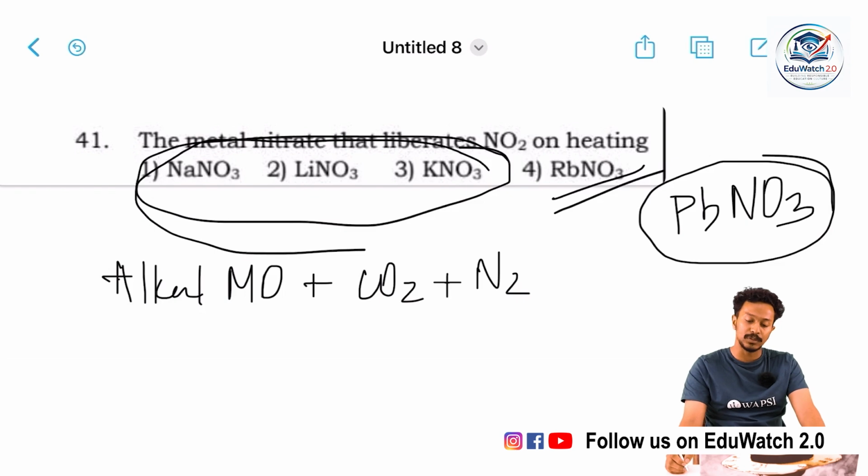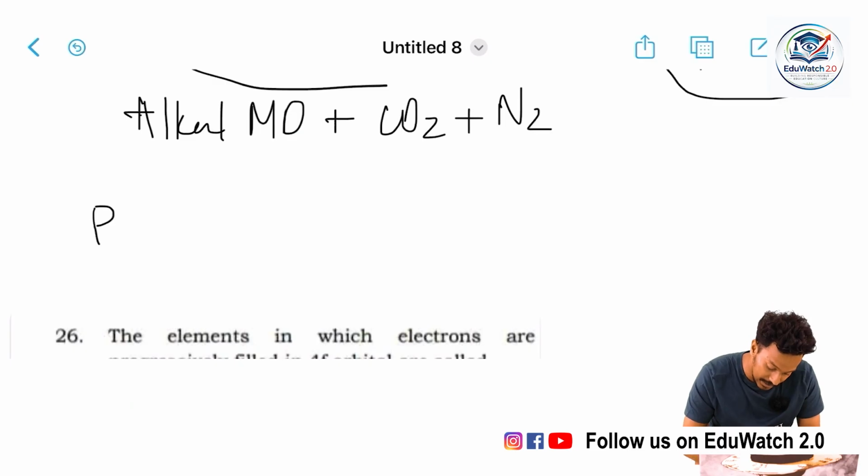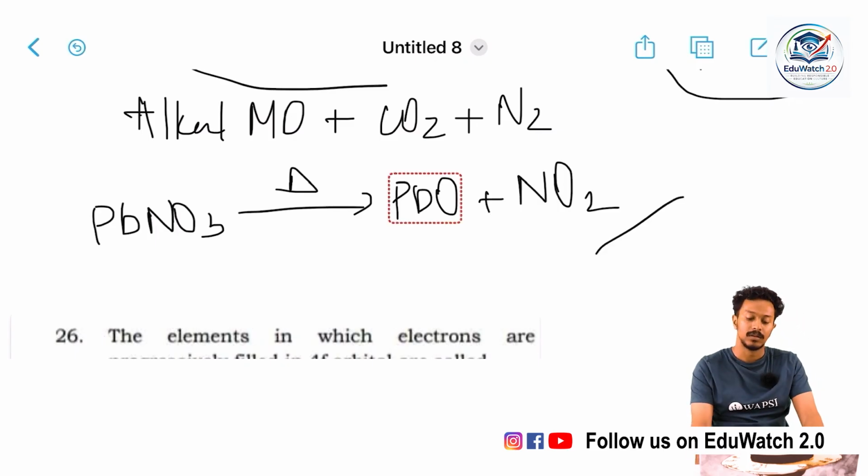For this the correct option is lead nitrate, which on heating gives lead oxide and nitrogen dioxide. The correct option is option number 4, lead nitrate.